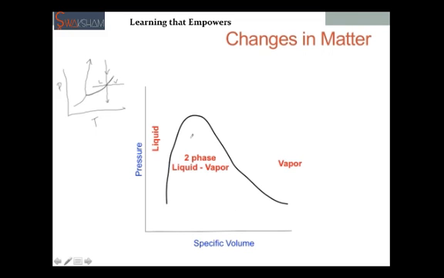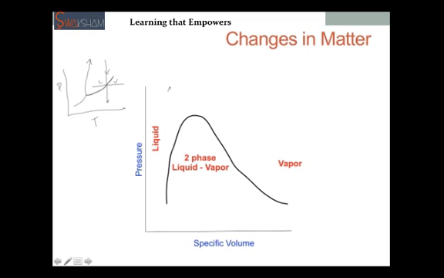This curve here represents again liquid to vapor transformation, but on a different diagram, on a pressure and specific volume diagram. So if I chose a constant temperature, just like I did here, and changed the pressure, I saw how liquid transformed into vapor.